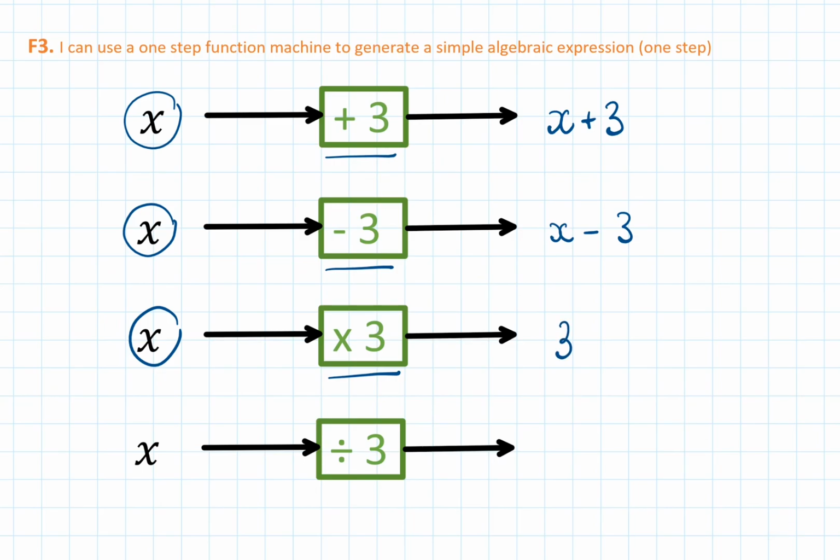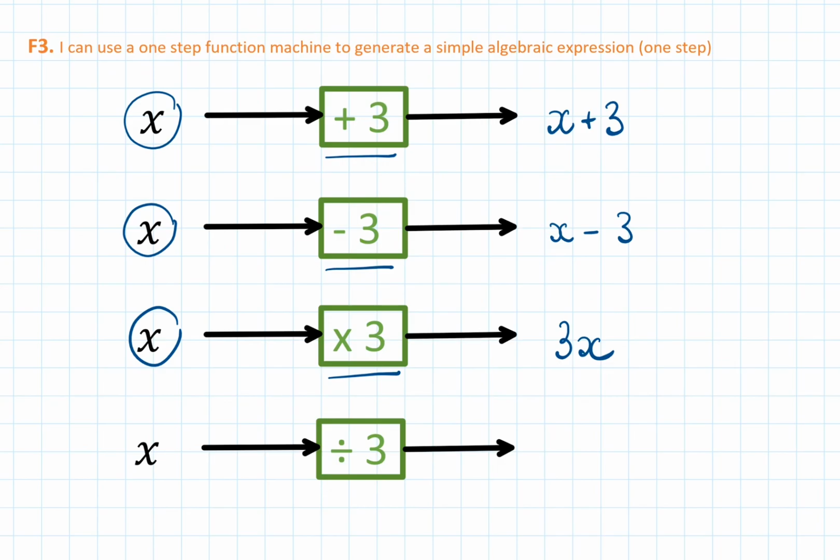will be 3x. This is interesting because I did not write x times 3. The reason for that is that this multiplication sign looks too similar to the algebraic x, and we can simplify that to just write 3 lots of x. There's a hidden multiplication sign here, which means that it is 3 times x, but we can just say 3x or 3 lots of x.